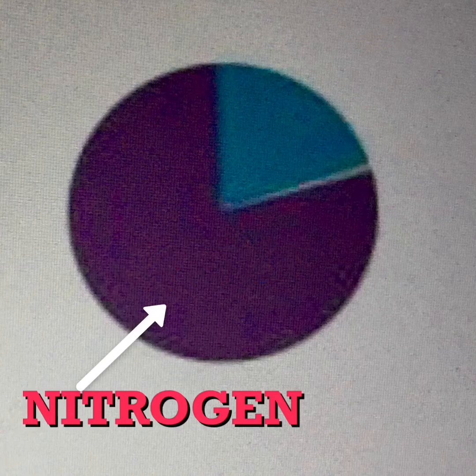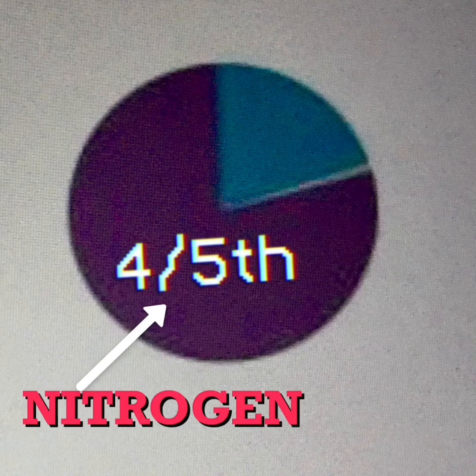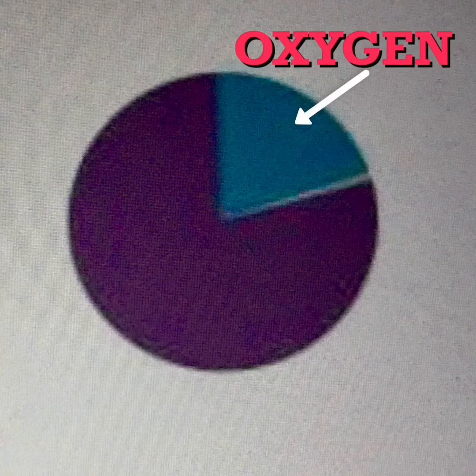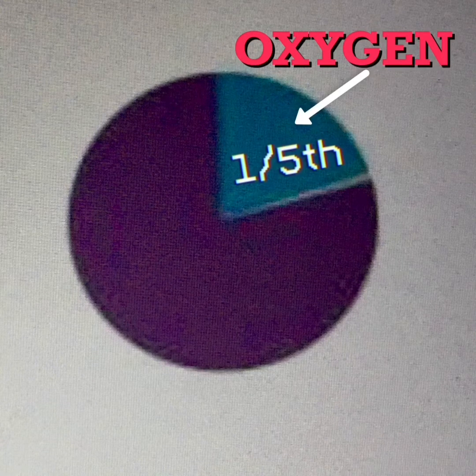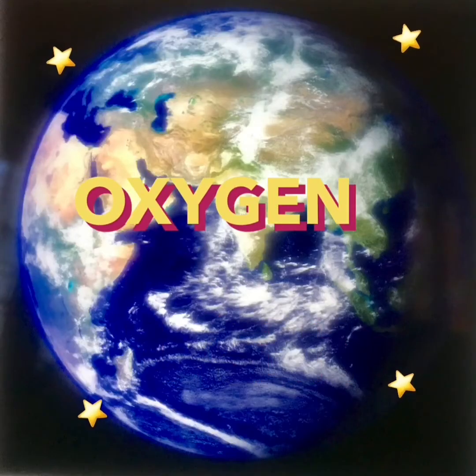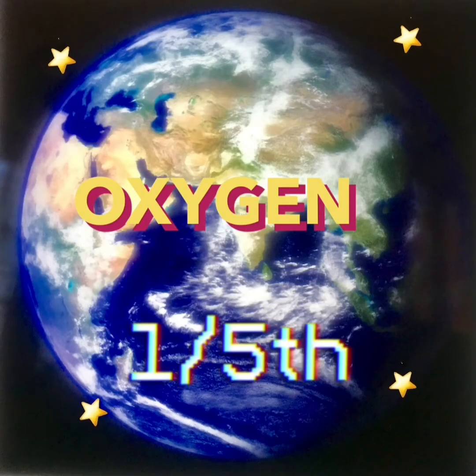Oxygen is 1 part out of 5 parts. So we can say 1/5 part is oxygen in the atmosphere.